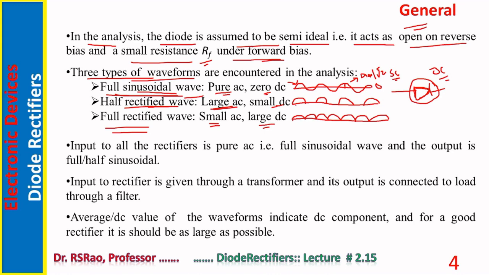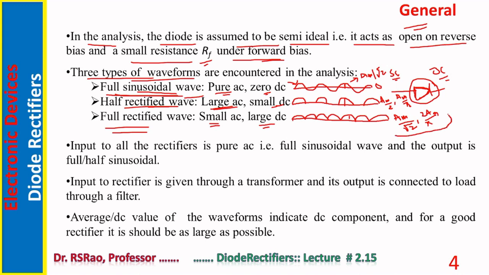When it comes to half rectified wave, RMS value is AM by 2 and DC value is AM by pi. When it comes to third waveform, RMS value is AM by root 2 and DC value is 2AM by pi. In all these expressions, AM refers to amplitude of the wave.